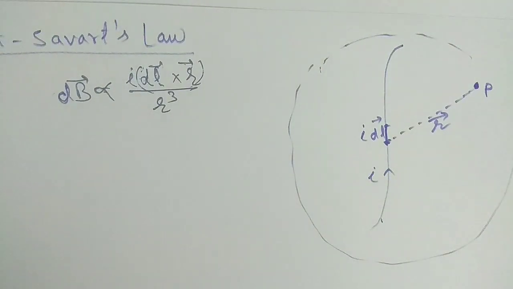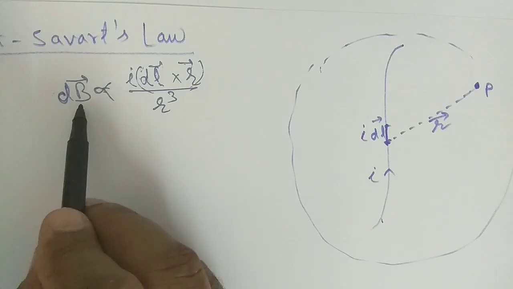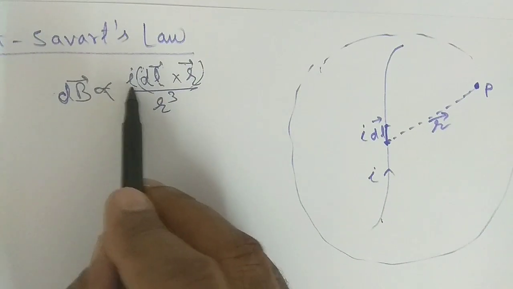Clear? dB is the small magnetic field produced due to the small current element I dl.